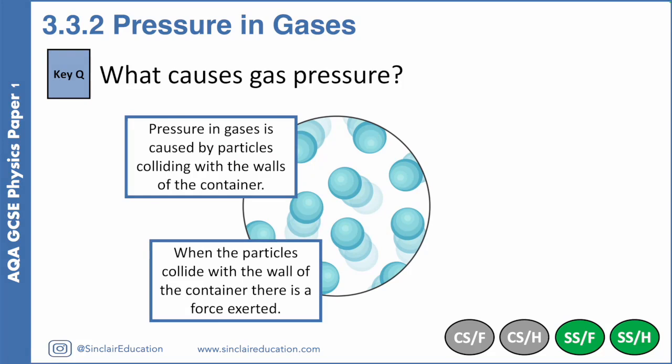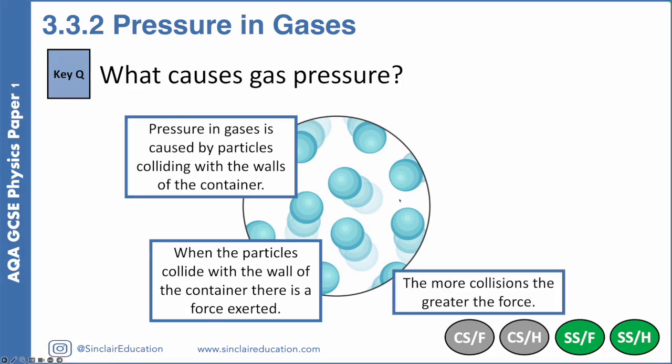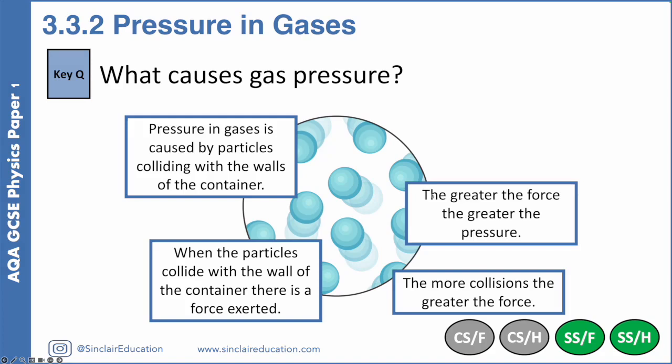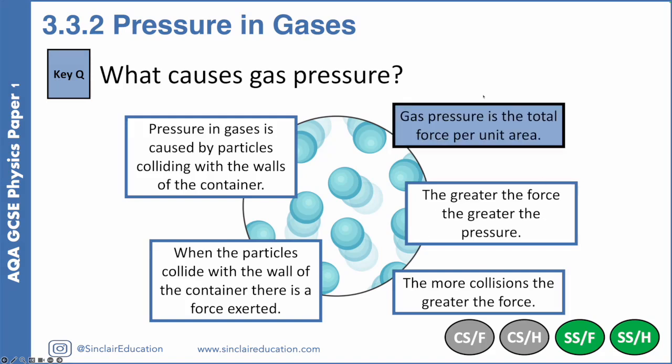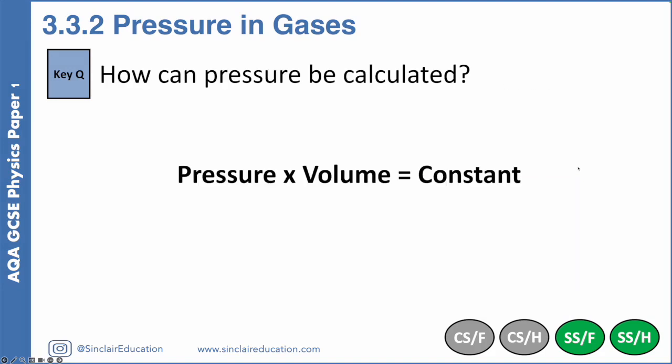If we have more collisions, we're going to see that there's more force exerted. So the more collisions, the greater that force is going to be. And the greater the force, the greater the pressure. So this definition is gas pressure is your total force per unit area.